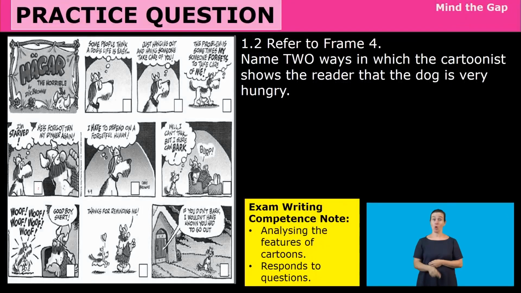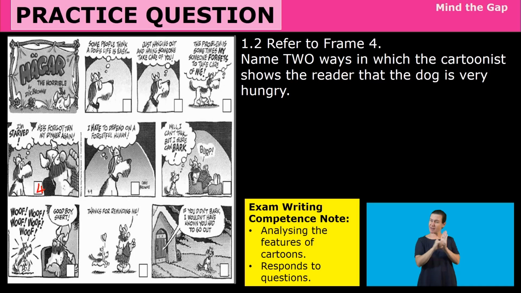Refer to frame 4. So remember, now we're going to frame 4, which is right there. It says, name 2 ways in which the cartoonist shows the reader that the dog is very hungry, all right? So if you're looking at beside the question, first look at your clues and see if you can find anything.